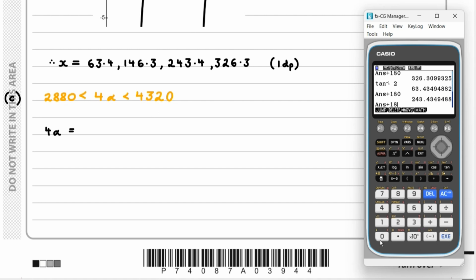Again, we need to add on 180, add on 180 again, add on another 180. So we continue this process up until we get a value in this domain. And the reason we add on 180 is because tan is periodic with 180.